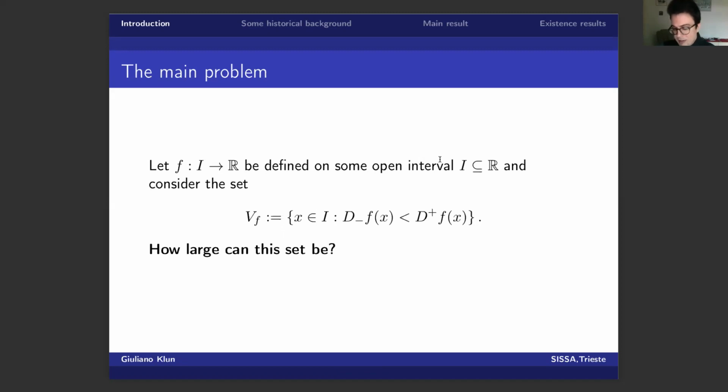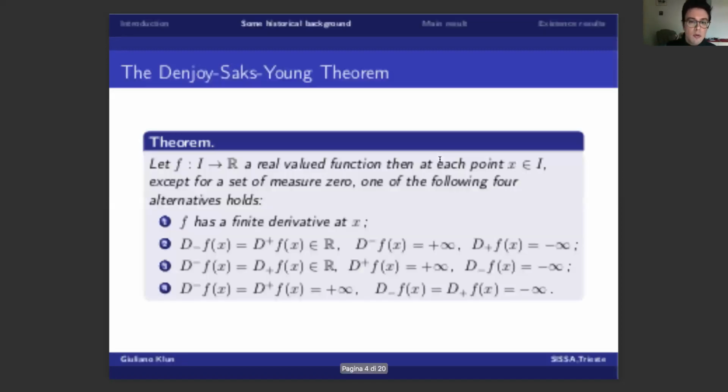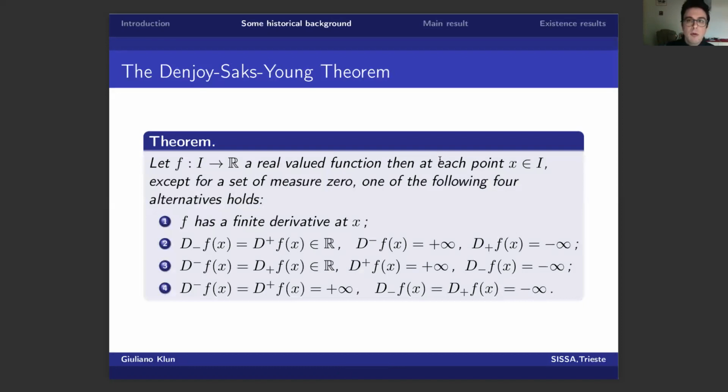To answer this question, we have to recall the most important theorem about Dini derivatives of real valued functions, the so-called Denjoy-Young-Saks theorem, that states that given a real valued function defined over an open interval I, except for a set of measure 0, at each point x of the domain, one of the following four alternatives holds.